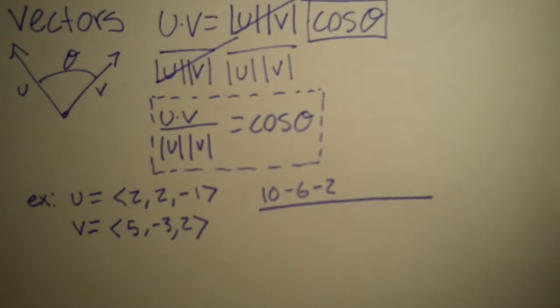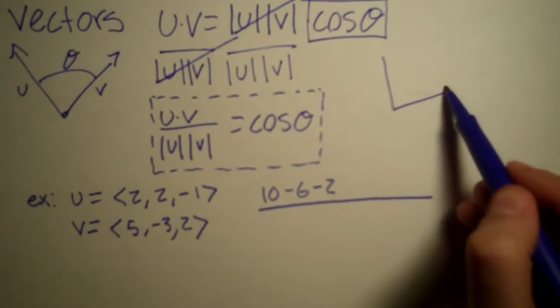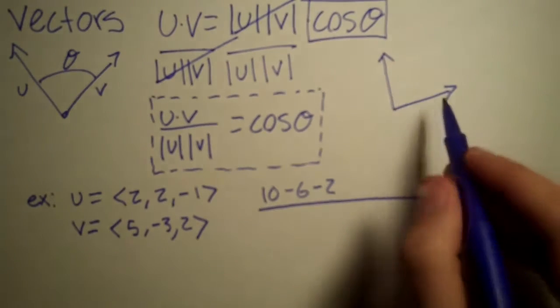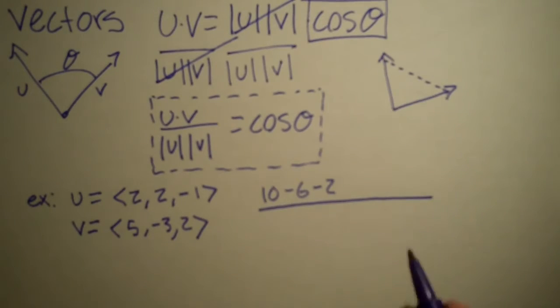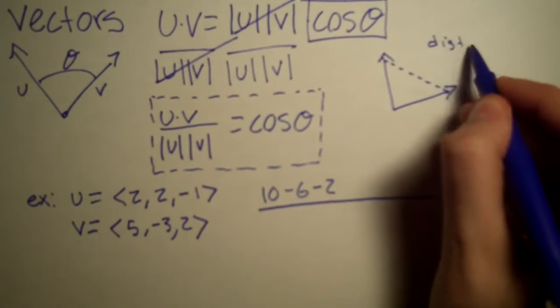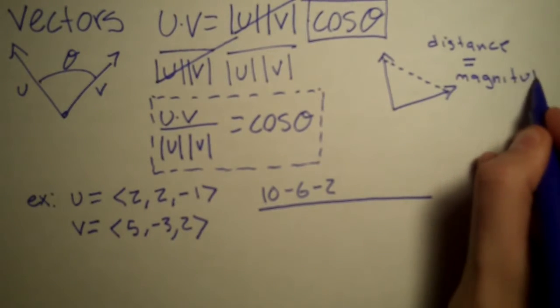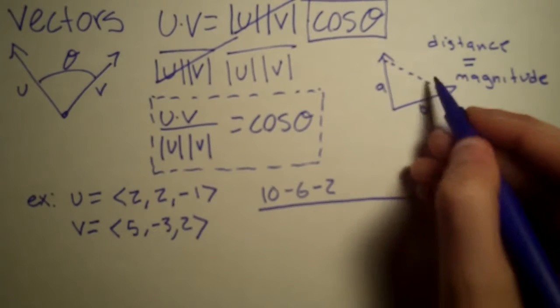over the magnitudes. Now, in case you forgot what a magnitude is, think back to the Pythagorean theorem. Say you have two vectors, and you need to find the distance in between them. Distance equals magnitude. So say you have a, b, and c.